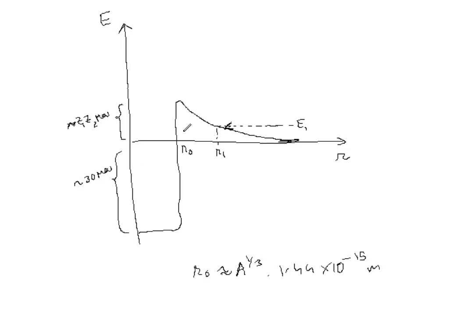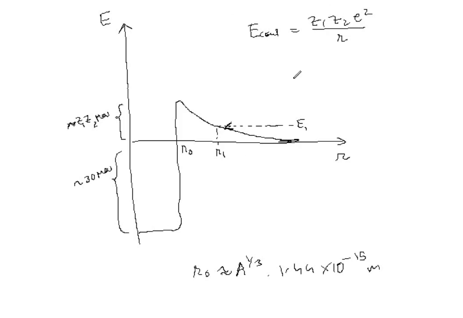Now for distances less than R0, the nuclear attraction dominates and provides a potential drop of roughly 30 MeV. While what happens outside is that repulsive Coulomb forces are present between particles with charges Z1 and Z2, and as a result we have the Coulomb force being equal to Z1 Z2 e square by R. I am just writing, forgetting about the 4 pi epsilon 0 term.